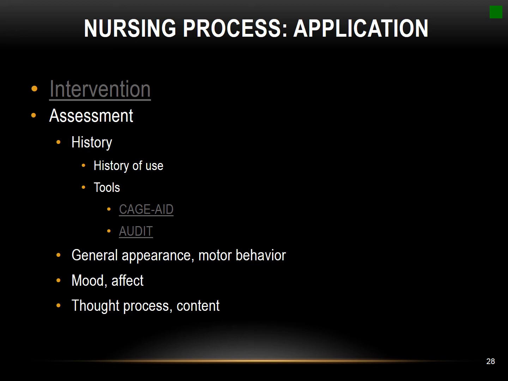We'll use something like the AUDIT, Alcohol Use Disorders Identification Test. The AUDIT test is somewhat long, and there are much shorter tests like the CAGE-AID test. If you work in primary care, you're going to probably see the CAGE test, CAGE-AID, or something similar to it used as a screening tool.